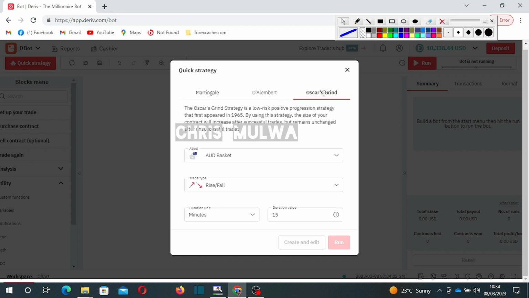Let's check the Oscar's Grid. I have never used the Oscar's Grid in my designs. I think I will try it. I will try it one day. I'll try to design a bot. It's just that to design a bot that is profitable, it can take you much time.